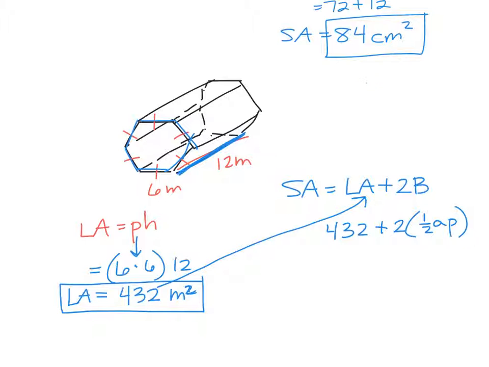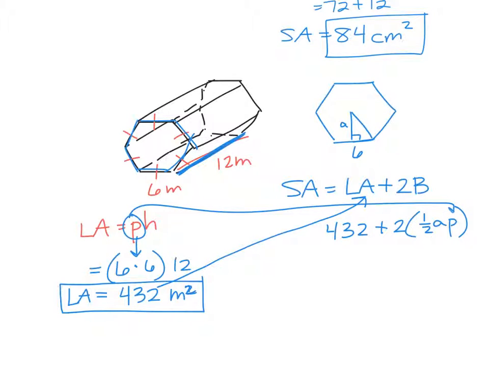Okay, so let's look at this hexagon in light of that. I know this is 6. I need an apothem and the perimeter. Now, the perimeter we already have, right? This P here is this P here. So the perimeter is 36. Okay, we know we're going to put a 36 here. We just need to figure out what is that apothem. Right, so if this piece here is 3, remember this is a 30, 60, 90 every single time in a hexagon.